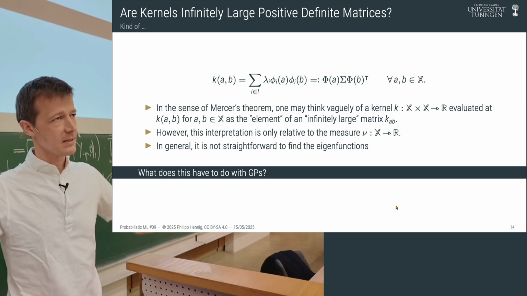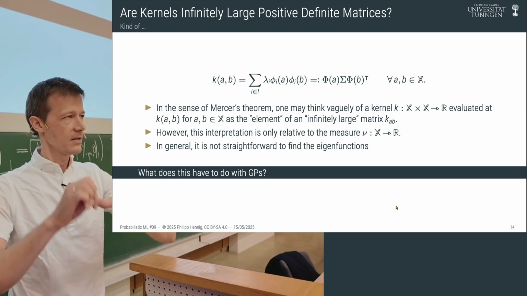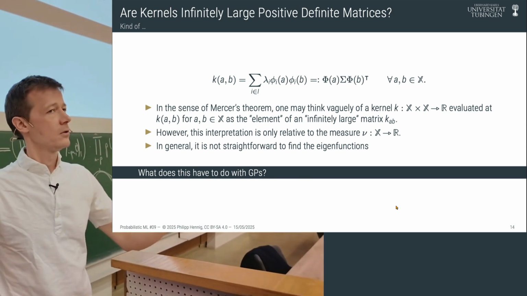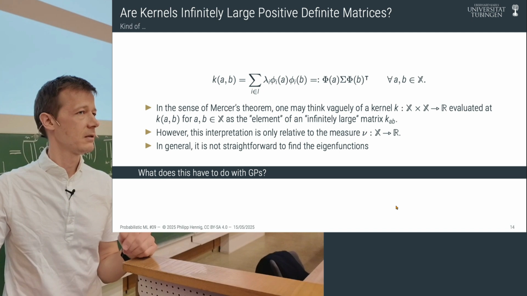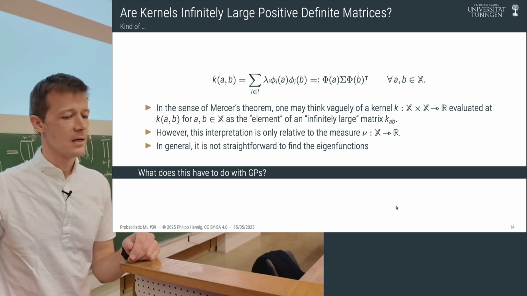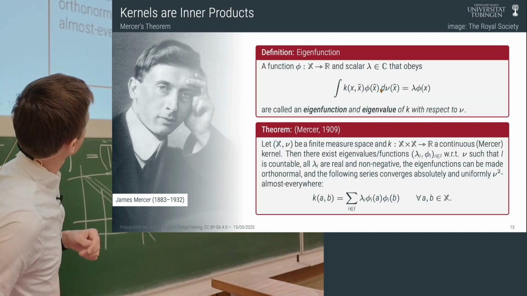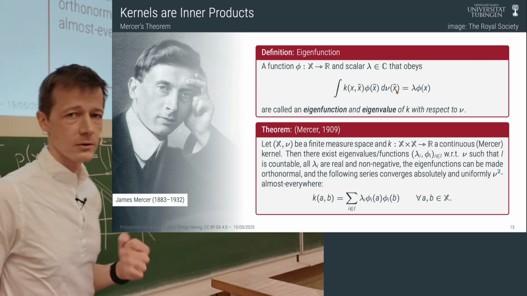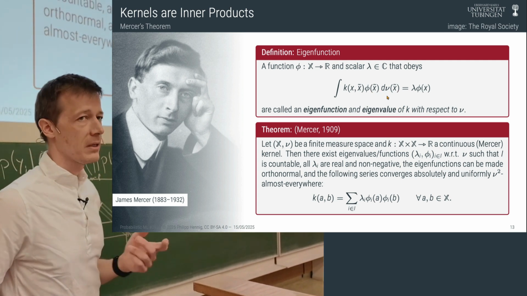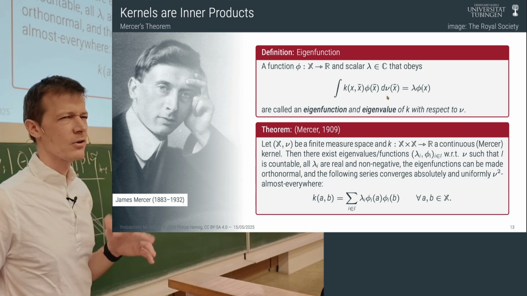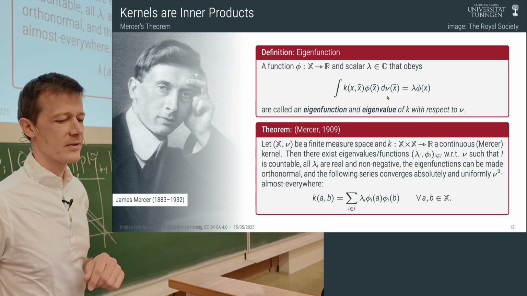But when you take a space that is continuous, and you want to define a sum operation on it, an integral, you need to put a measure over the space. You'll remember from lecture 2, measures are a bit tricky. You can pick measures in different ways. And so this definition is relative to a measure over the space. And actually, those functions look different depending on that measure. So they are only relative to how you measure over the space.